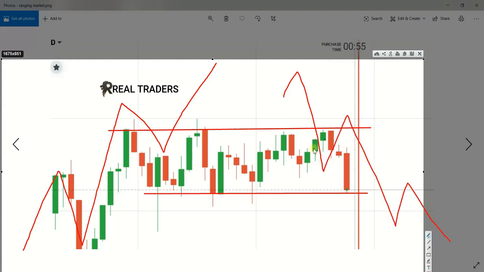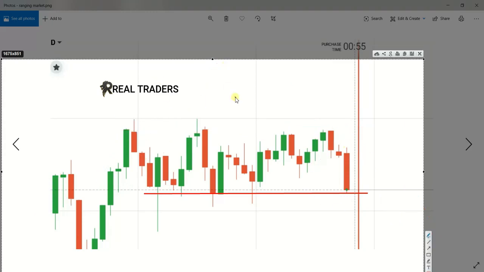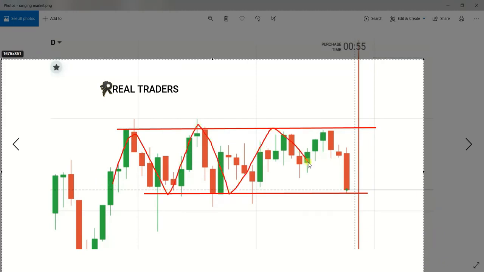It is moving like this. So here the market was in an uptrend until this level. The market is in an uptrend, and on this area you can see the market only moves between these two lines. So this is called the ranging market.